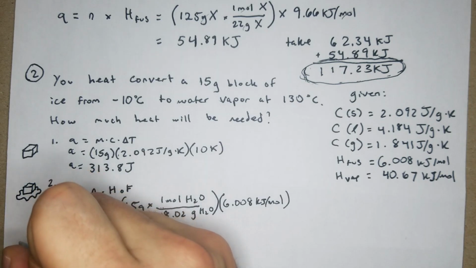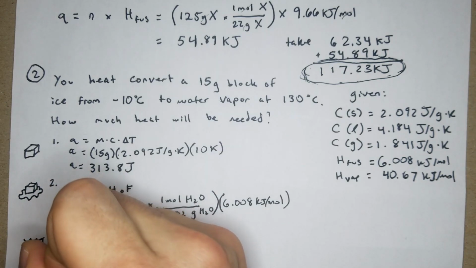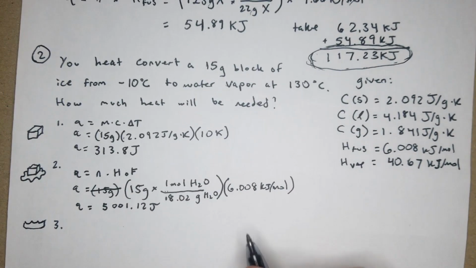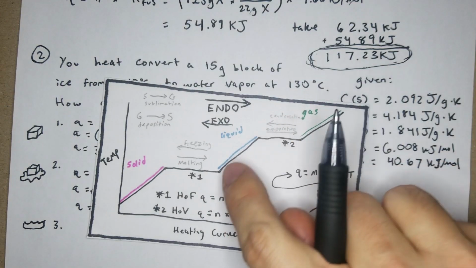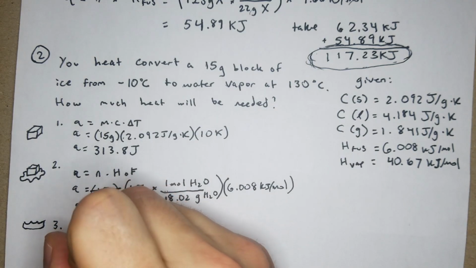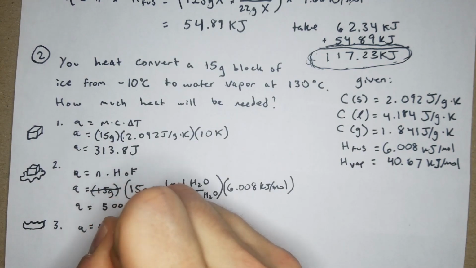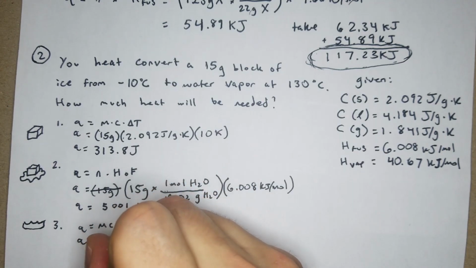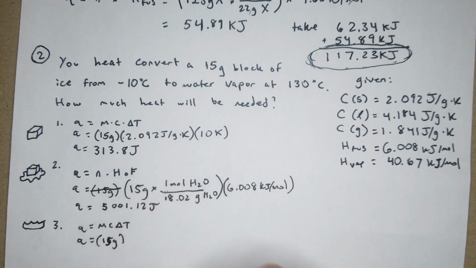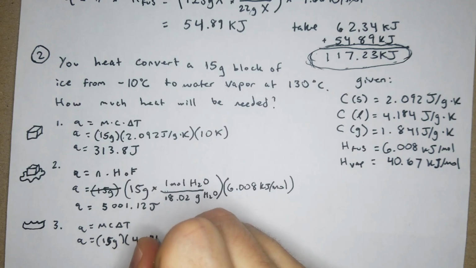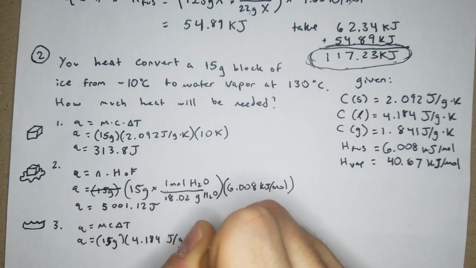Step 3. Now we have just liquid water. So now that we're in the liquid phase, we can use this next part of the chart, back to Q equals m c delta T. Q equals, we still have 15 grams, that's not changing, multiplied by the specific heat of liquid, which is 4.184 joules per gram times Kelvin.